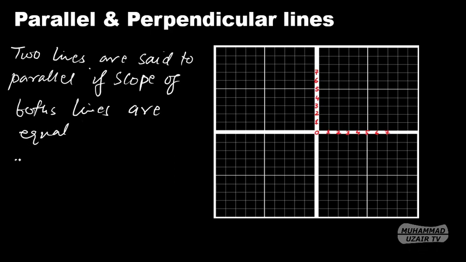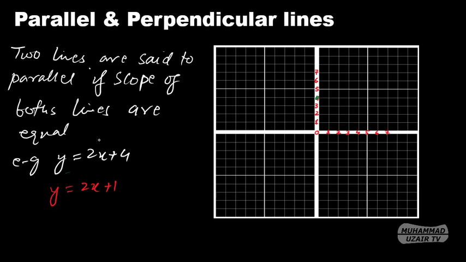Let's suppose, for example, y is equal to 2x plus 4 and y is equal to 2x plus 1. As we know, for this equation the y-intercept is 4, so one point is this.